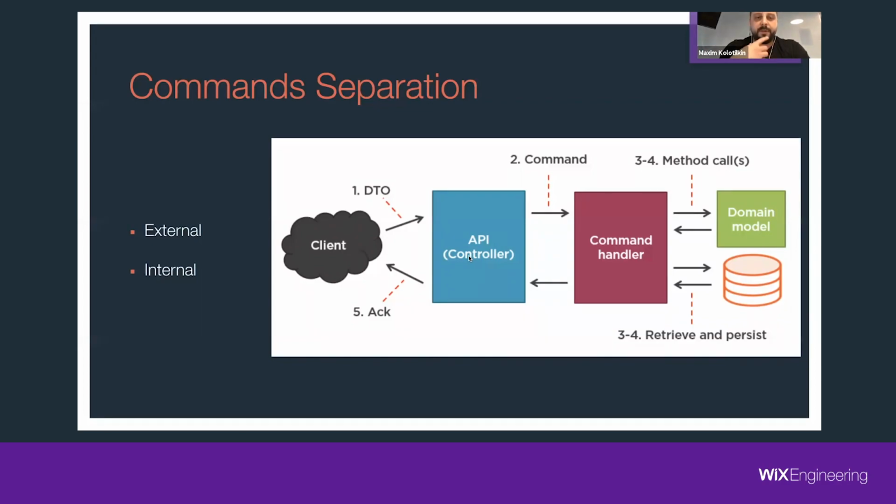Internal commands are triggered according to some events. For example, after a job is approved, the job is marked for deployment. And at this stage, internal commands start to act, a command something like deploy job. And every command also produces some event. We have a few such internal commands.